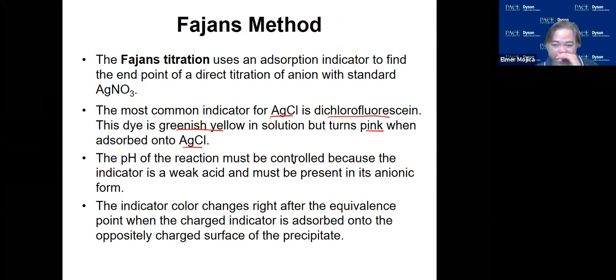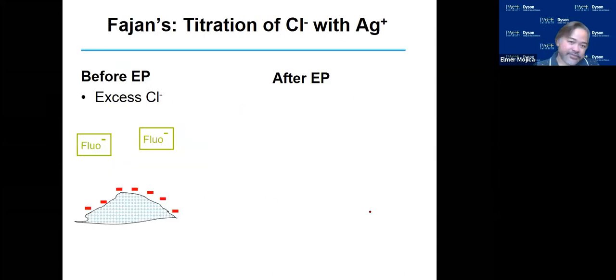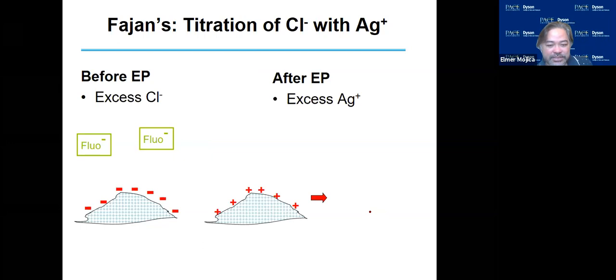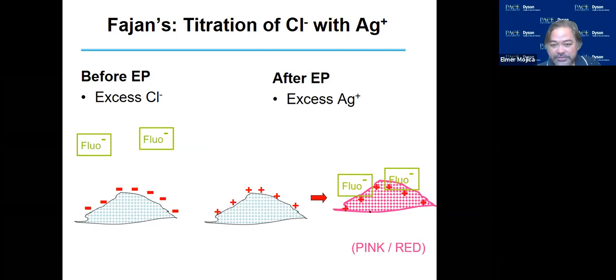The pH of the reaction must be controlled because the indicator is a weak acid and must be present in its ionic form. Before the equivalence point, you have excess chloride ion, and after the equivalence point you have excess silver ion, and you get the color change when the charged indicator is absorbed onto the oppositely charged surface of the precipitate.